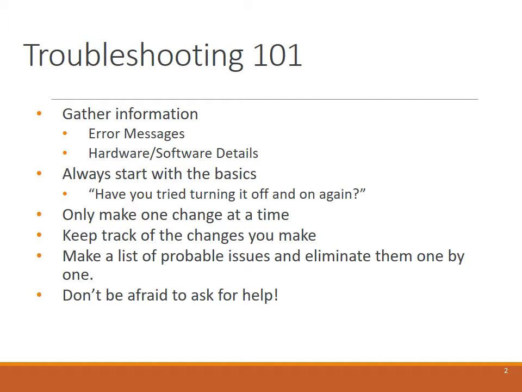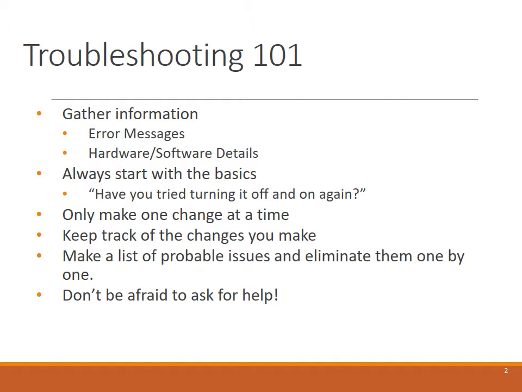This one's really important, and this one is often overlooked. Only make one change at a time. Oftentimes when you're in crisis mode, the server went down and you're trying to figure out why it went down, and all your users are lining up at your office door to tell you the same thing: hey, this isn't working.